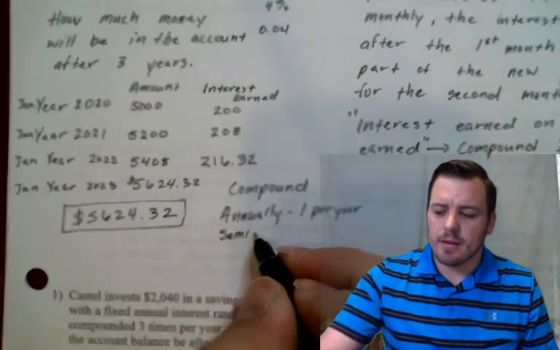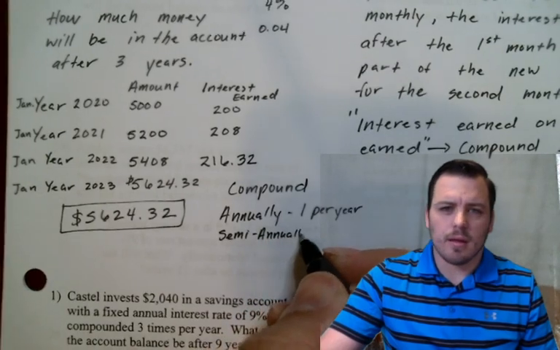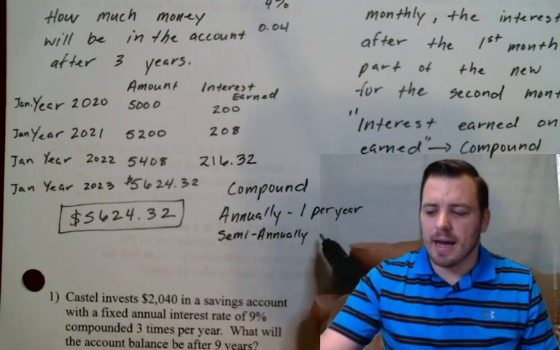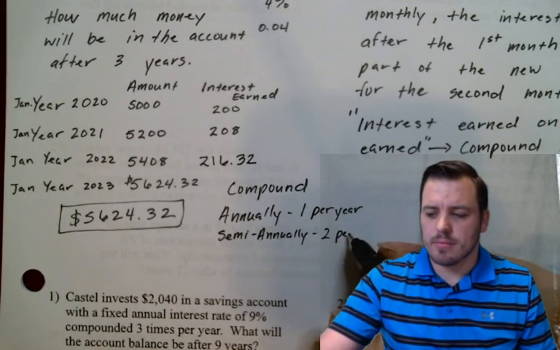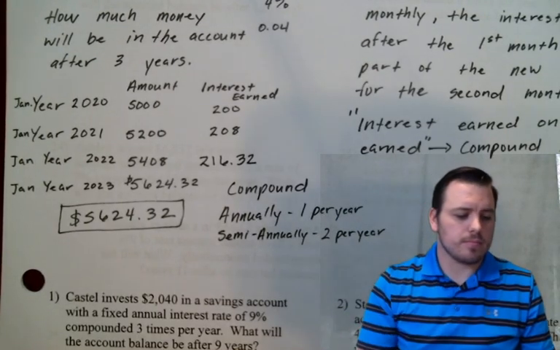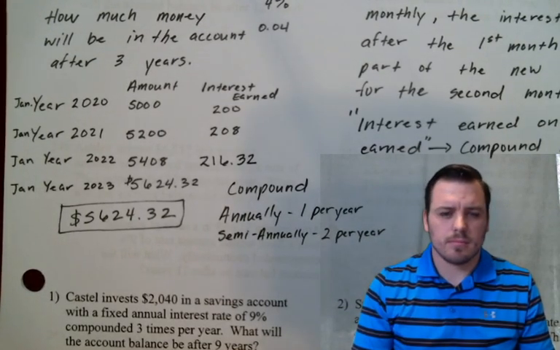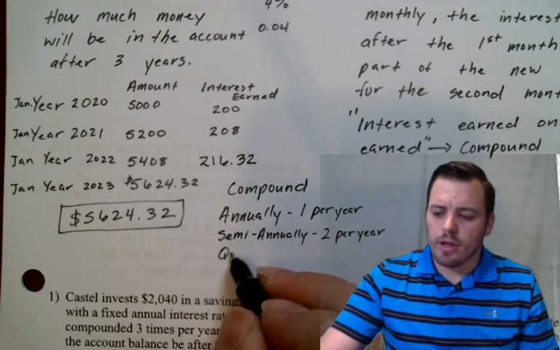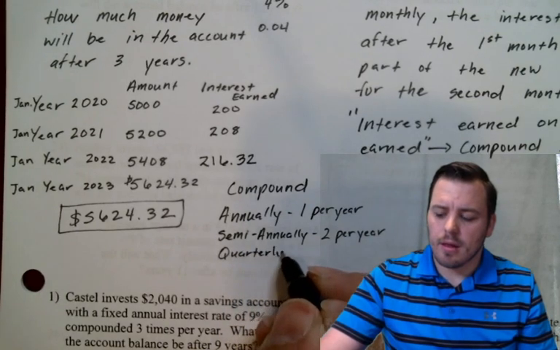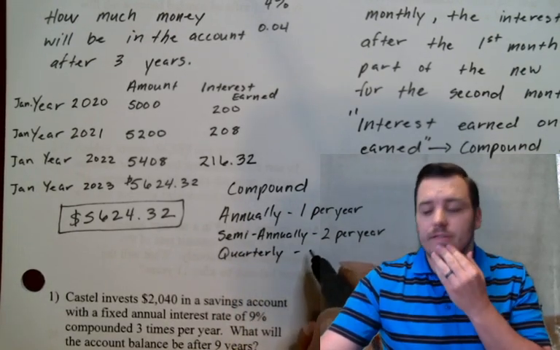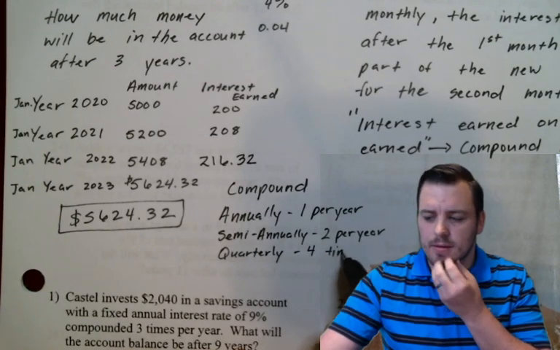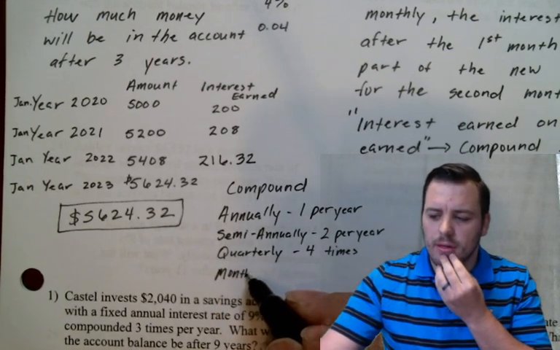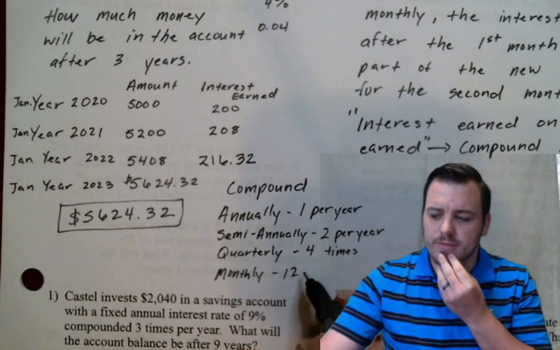Semi-annually, and I think I'm spelling annually wrong, but don't hate, just appreciate. Semi-annually would be 2 times a year. Quarterly would be 4 times a year. And monthly would be 12 times.